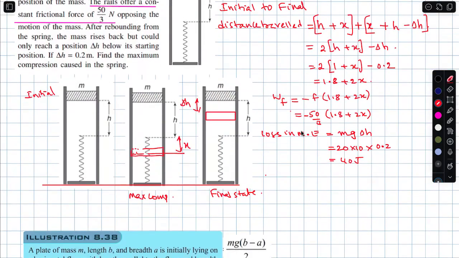So the loss in mechanical energy is nothing but 50 by 3 times 1.8 plus 2x is 40.